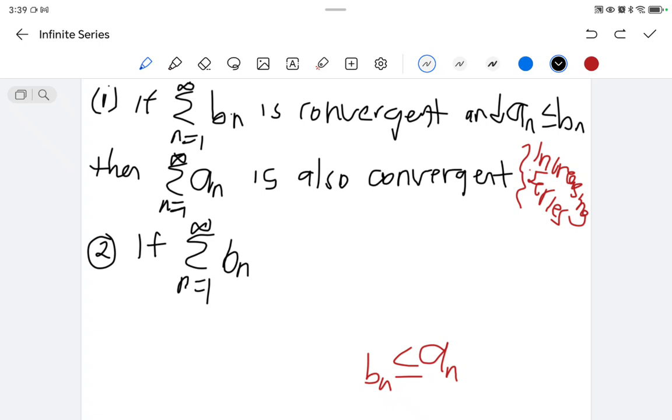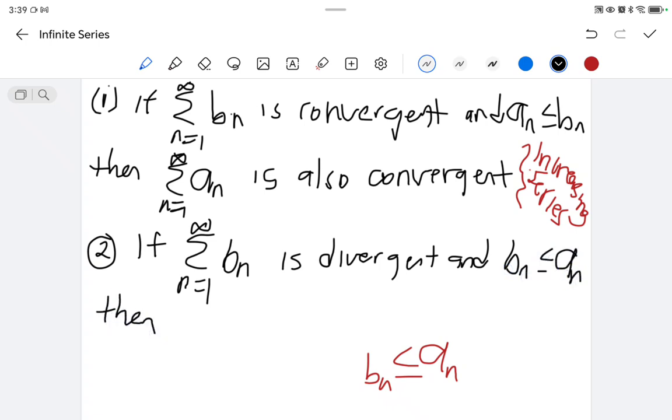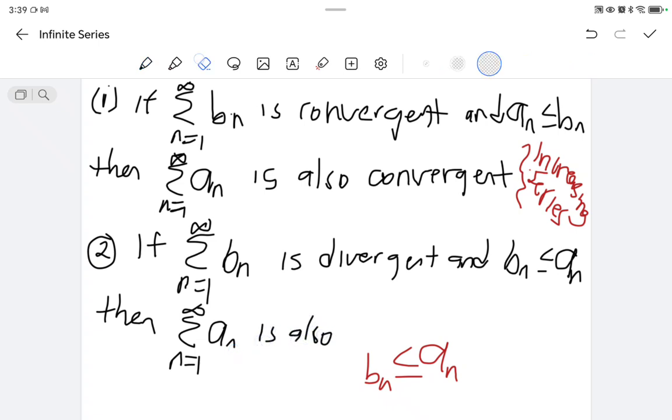So if the summation of this, because initially we're given A of n, right, and it's decreasing, so we reduce going down. So the reasonable one to take is B of n. So if B of n is divergent and B of n is less than or equal to A of n, then it would mean that the summation of n from 1 to infinity of A of n is also divergent.